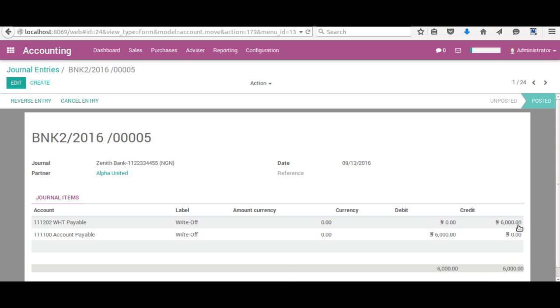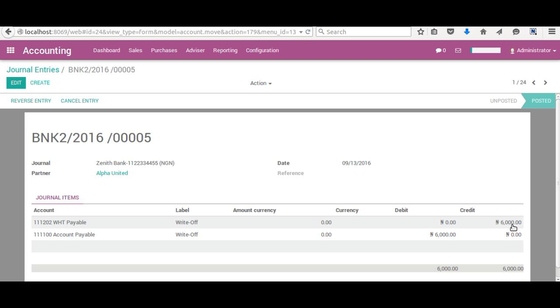This will remind us that we owe government 6,000 naira in withholding tax, which was deducted from the vendor. And until I remit that amount, then this particular figure will remain outstanding. So this is a good way to treat deductions of withholding tax from vendor payment.